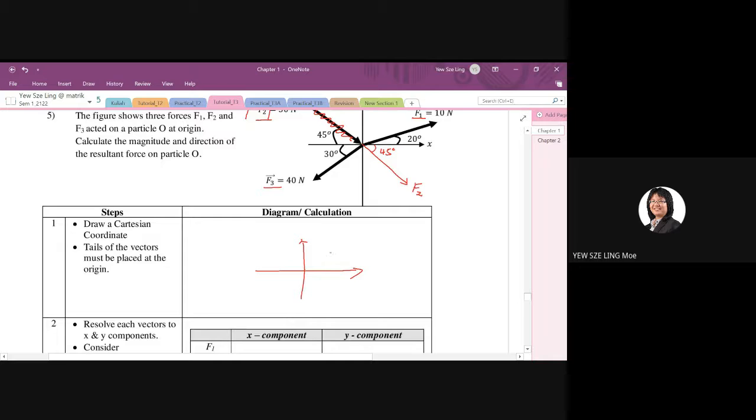So this is F1, and then this is the y-axis, x-axis. So F1, 20 degrees, and then F2 here, 45 degrees beside the x-axis, and then F3, at 30 degrees beside the x-axis. So this is the final diagram that you're going to resolve.